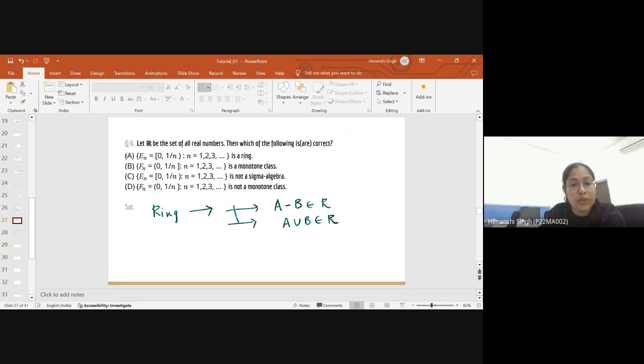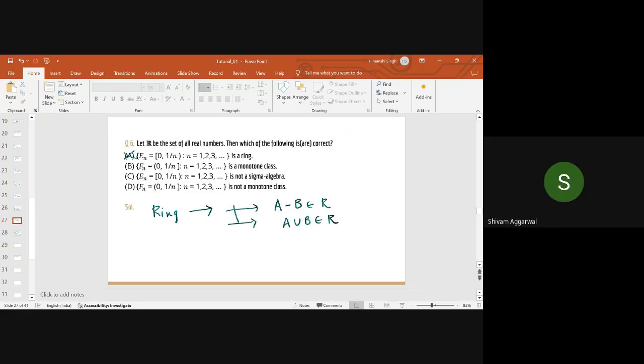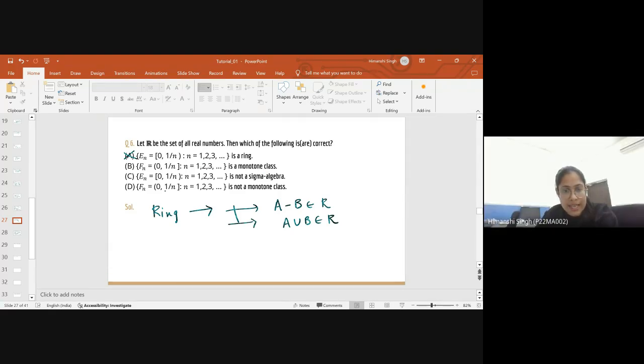So the first option is incorrect. Does anyone have any doubt in this? No. Okay, so just see the set given in option A and the set given in option C. They are the same. So the collection in option A and the collection in option C are the same.